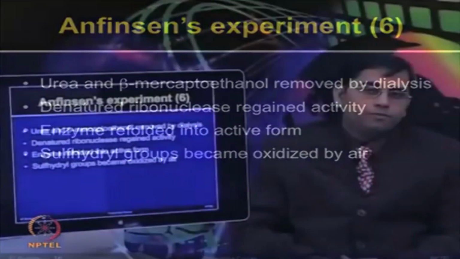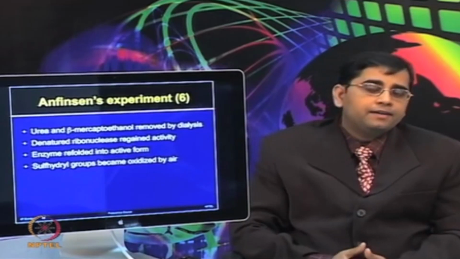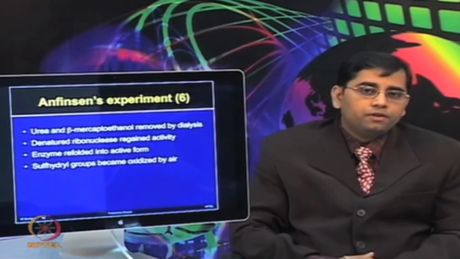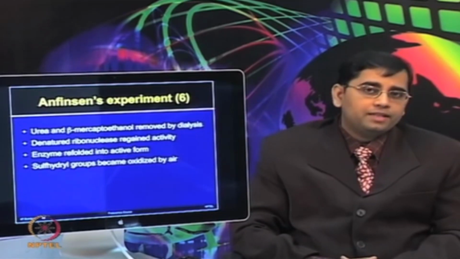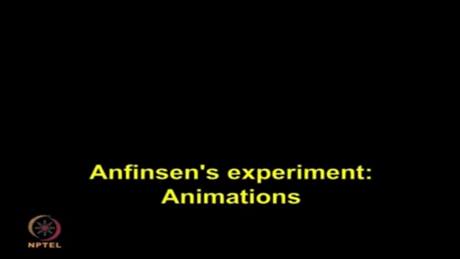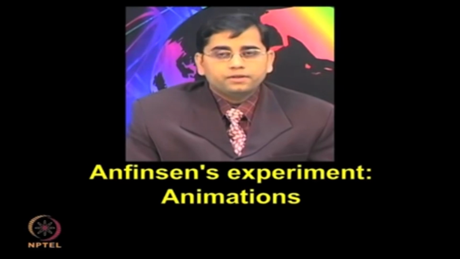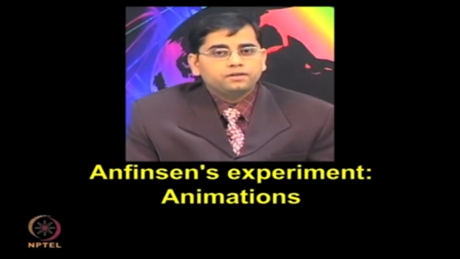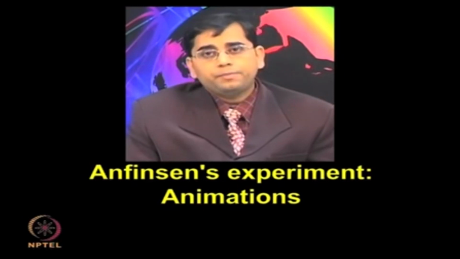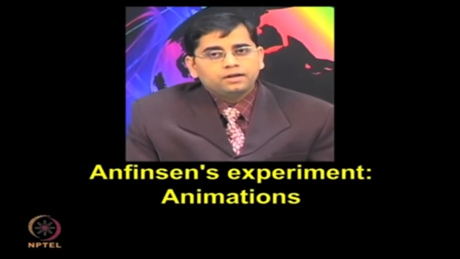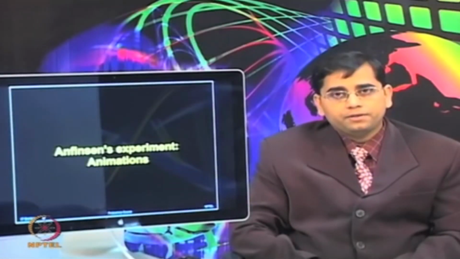The experiment proved that the information required for a specific catalytically active structure of ribonuclease is contained in its amino acid sequence. The classical study of Anfinsen proved that all the information which is crucial for protein folding resides in its primary sequence. Let me explain this experiment in the following animation.